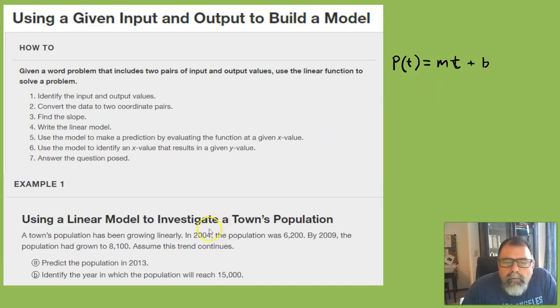All right, so we're given the town's population in 2004, so t would be your x. So we have 2004, the population was 6,200, and 2009 the population was 8,100. So we need to figure out m using those 2 points.